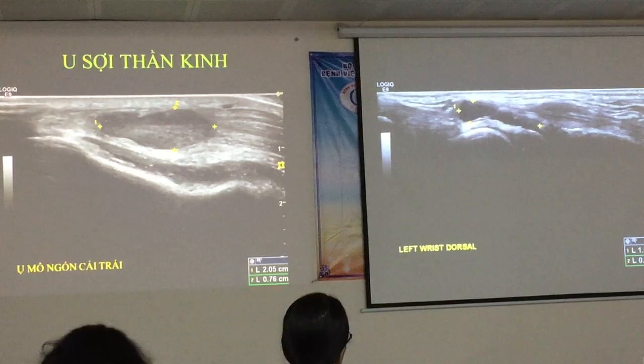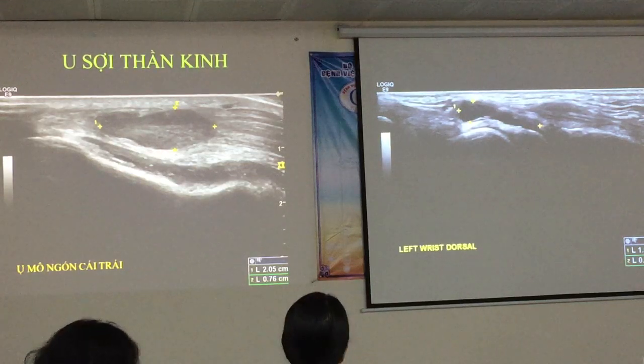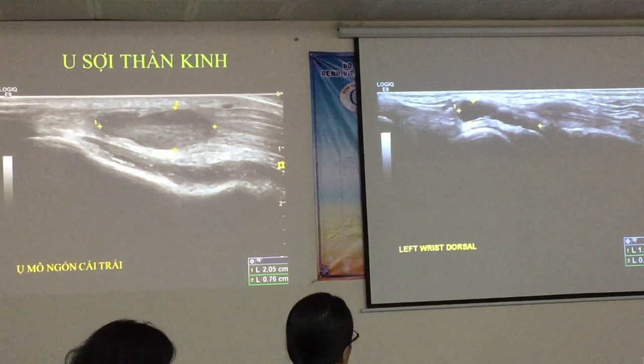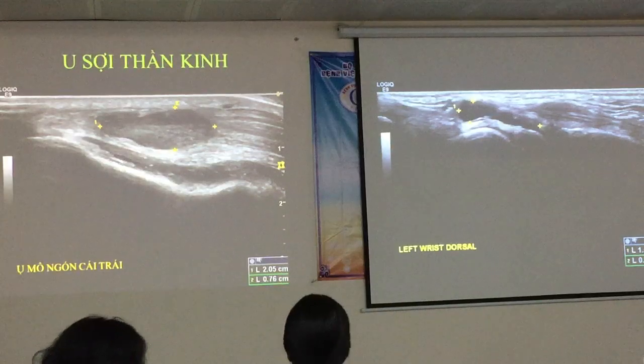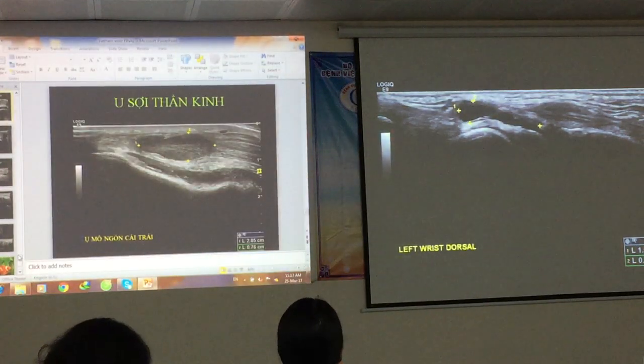We do that just by using local anesthetic and steroid. And we've found that there's about the same recurrence rate for doing it with an injection as opposed to surgery.